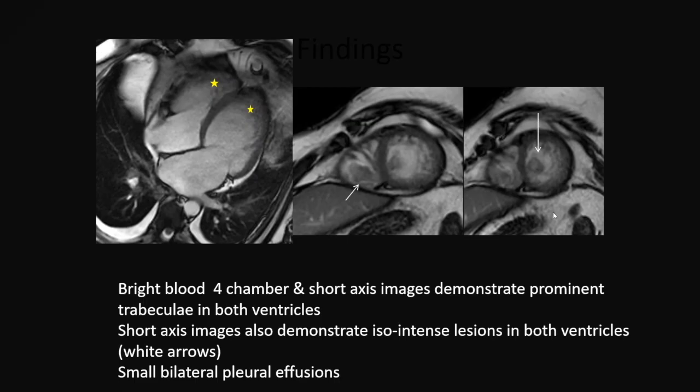Two things that scream straight off the bat are a very prominent trabecular pattern in both the left and right ventricles, and then of course these two lesions, in the right ventricle and left ventricle. The RV lesion is the one they were not suspecting.